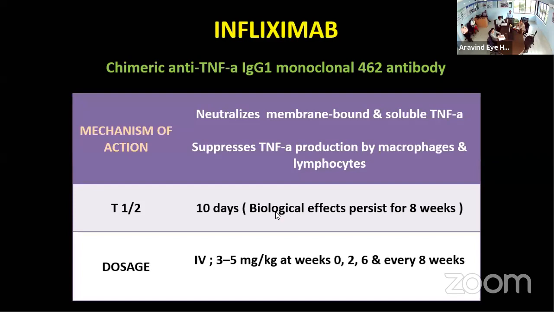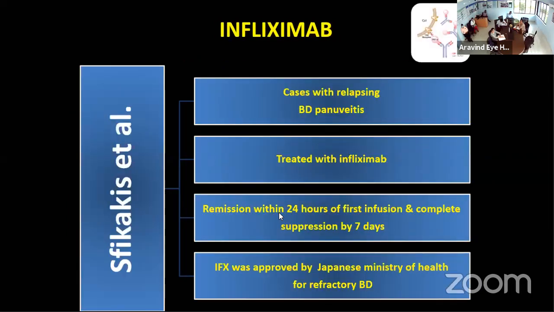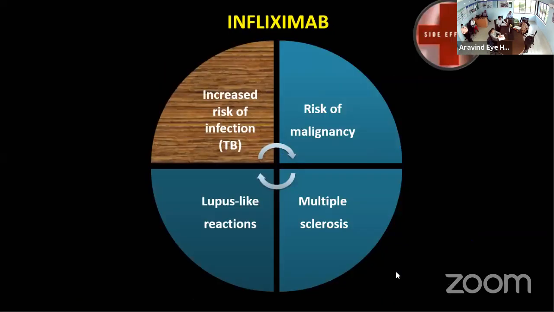But remember, multiple studies have proven that it is really useful in Behcet's, and it was approved by the Japanese Ministry of Health for refractory Behcet's. The problem is the risk of getting TB. In developing countries like India, TB is super common. There is also a risk of malignancy, not to forget multiple sclerosis and lupus-like reactions.